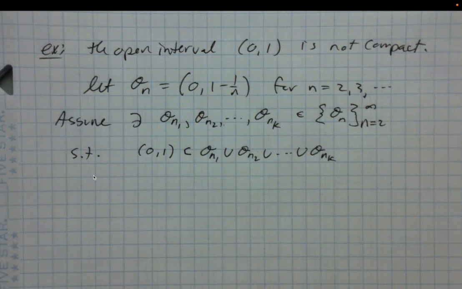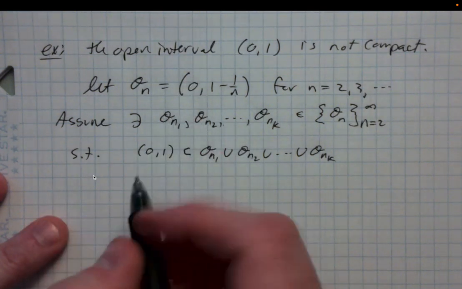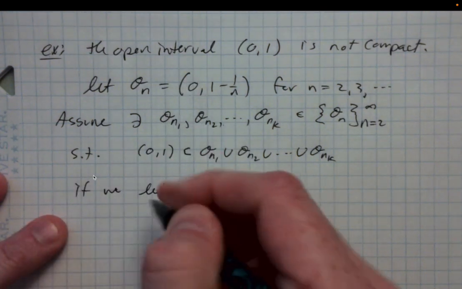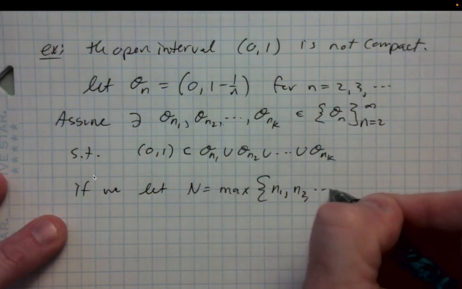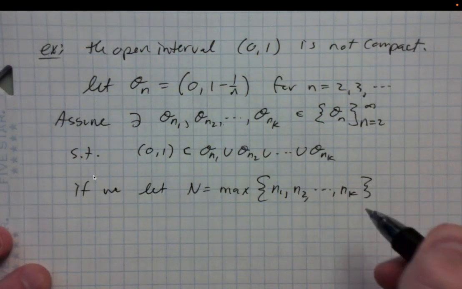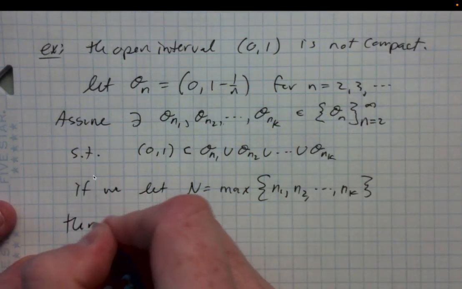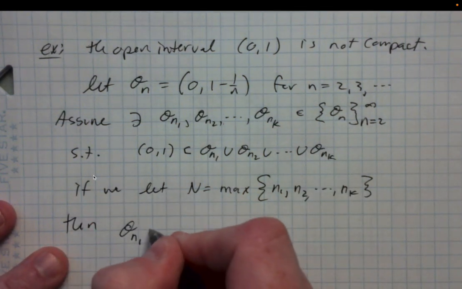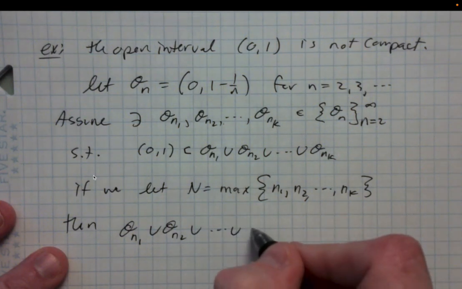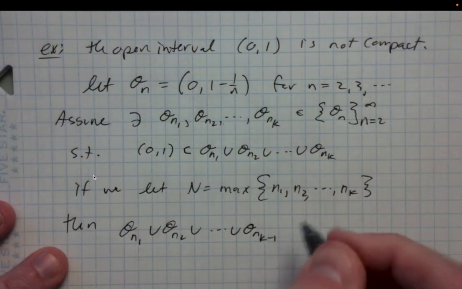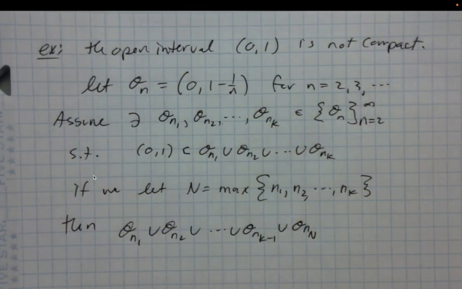All right. So then, given the way that the intervals are structured, let's say we let N equal the max of n1, n2, through nk. Then O_N1 or O_N2 or dot dot dot or O_NK minus 1 or O_N, capital N, what's that equal to?